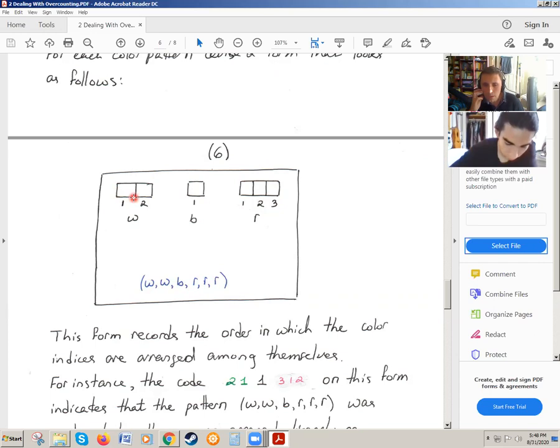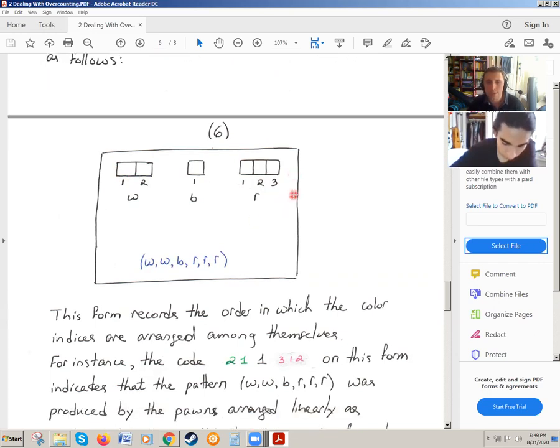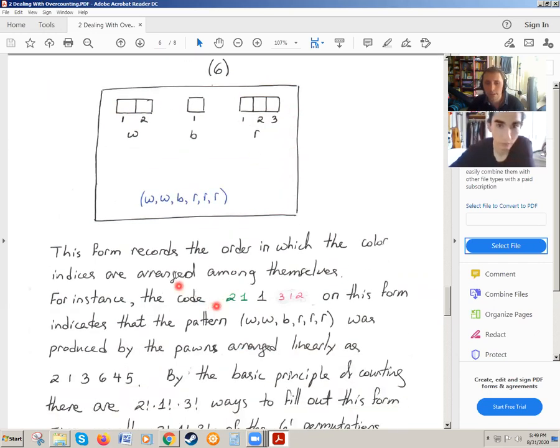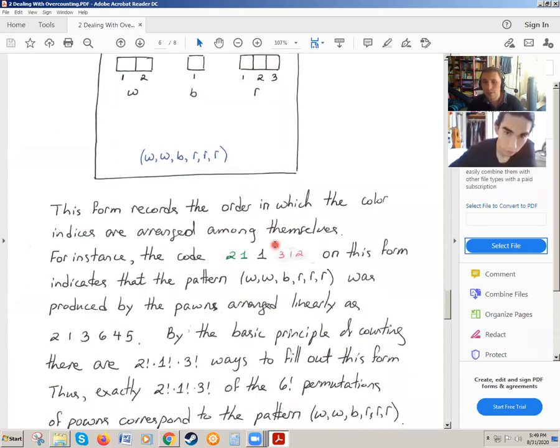So let me, for instance, explain what it means if I fill in this form like this. If I filled the form as 2 1 1 3 1 2, if I put this code and the form is labeled like this, then I can quickly figure out where the white pawns were, where the black pawns were, and where the red pawns were. Do you see that?